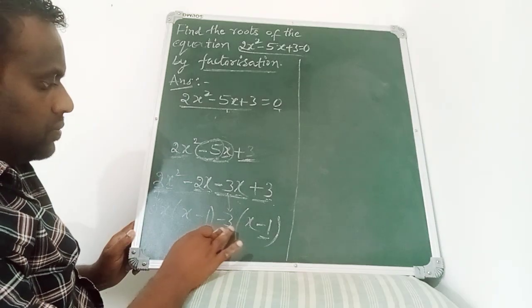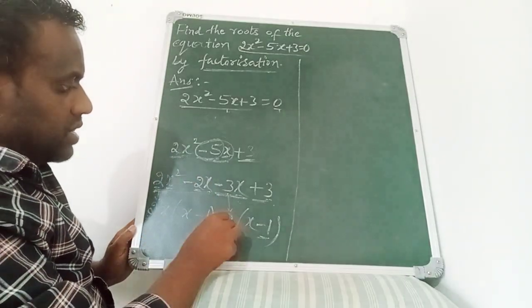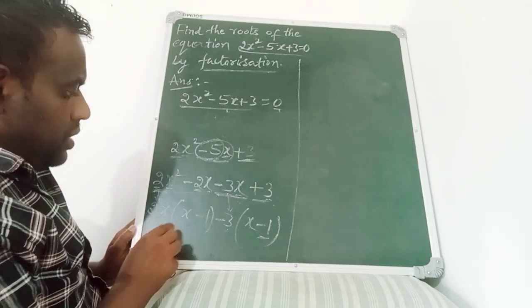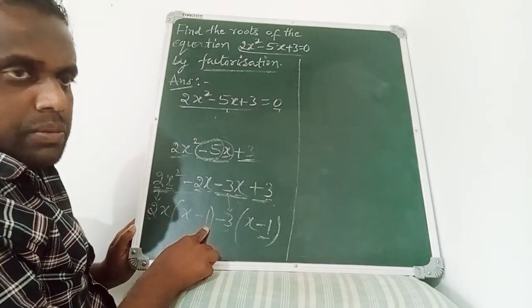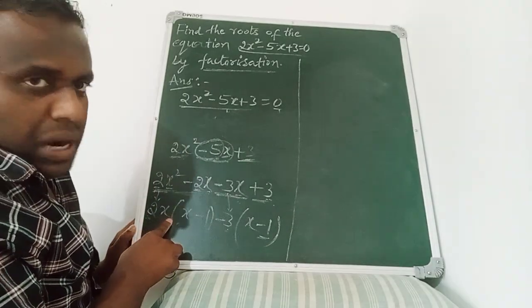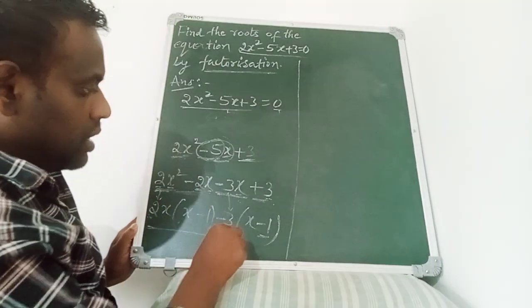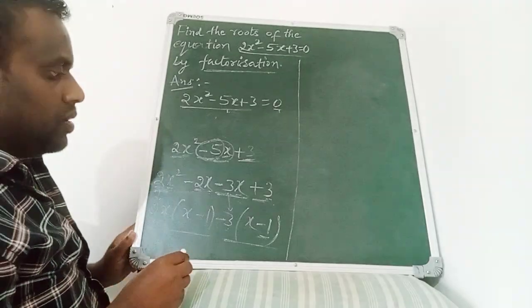Now what happens? Here the minus sign is there, but here a bracket is there. Because of the bracket, this 2x into x minus 1 will become multiplication. This entire thing will become one term, and this entire thing will become another term.